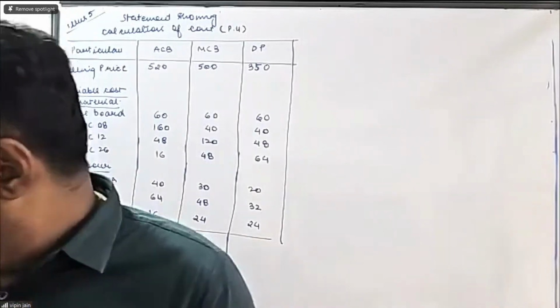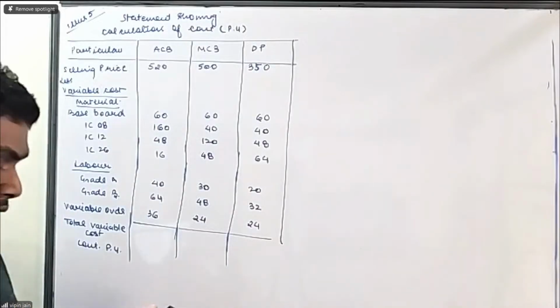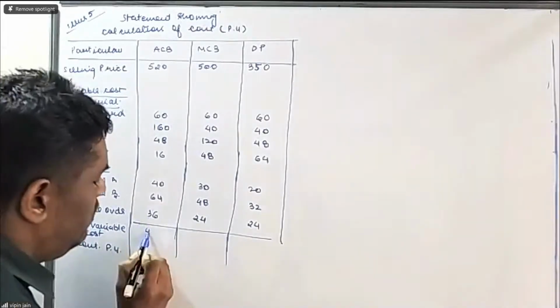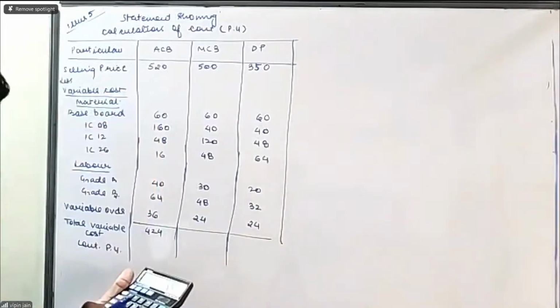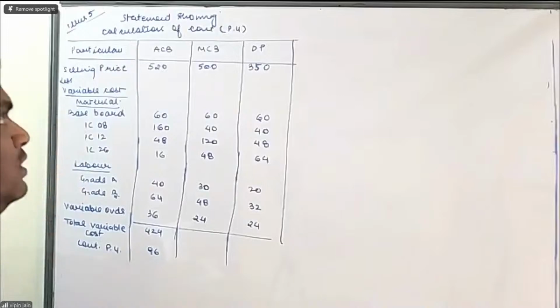So let's calculate the total variable cost. That is 60 plus 160 plus 48 plus 16 plus 40 plus 64 plus 36, that is 424. So we'll get the contribution, 520 minus 424, that is 96 will be the contribution per unit.